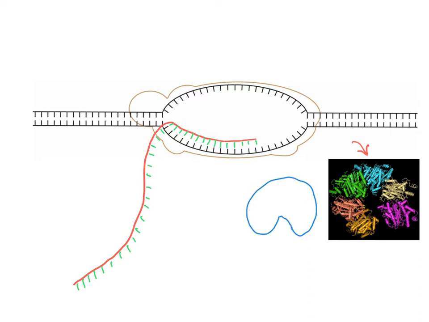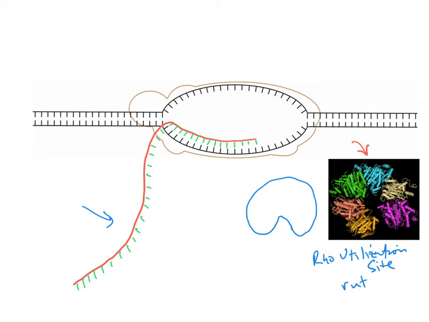The rho protein actually binds to the newly synthesized RNA transcript. So it's going to bind somewhere along this RNA molecule here. There's actually a sequence that rho specifically binds to, and that's called the rho utilization site, or RUT.